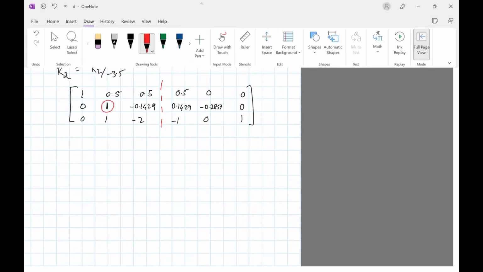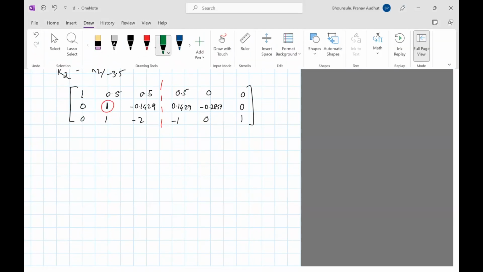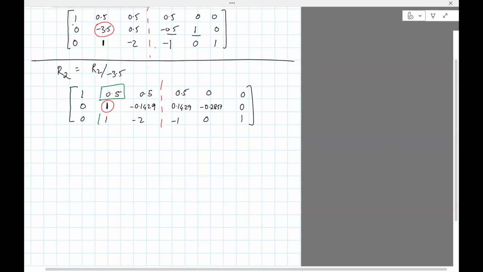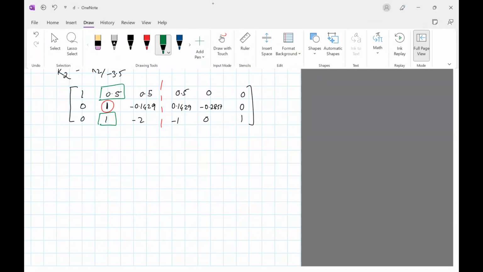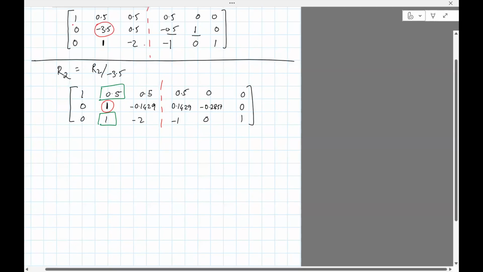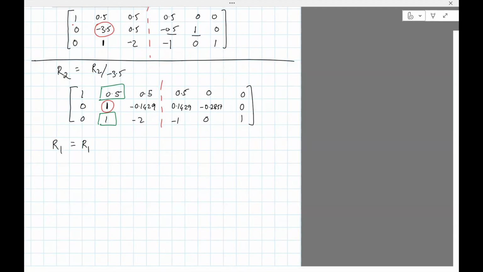Now let's use the pivot to get rid of this 0.5 and make it 0, and make this 0 too. For that, I need to do some operations on row 1, because I want to eliminate 0.5, and 0.5 sits in row 1. So I'll take the old row 1 and use the pivot row, row 2. So something plus or minus row 2 should give me 0.